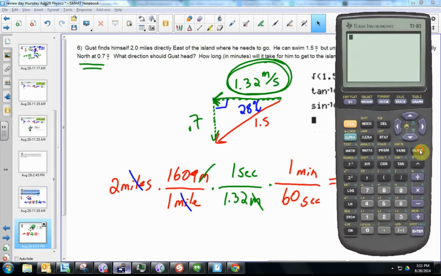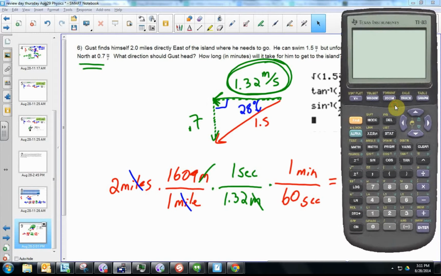People, please check my answer so that I make sure I didn't mess this up. So I'm just dividing, and then dividing again by the 60, and I'm getting about 40 minutes.